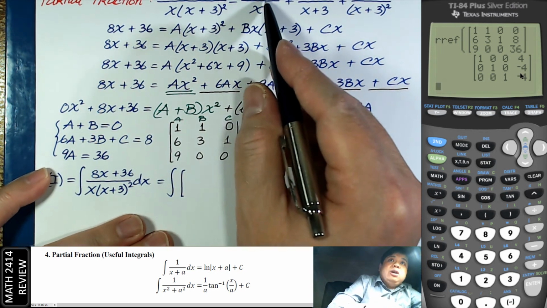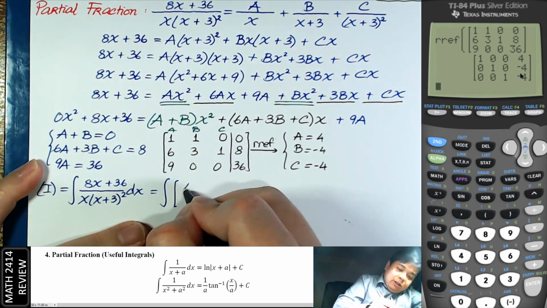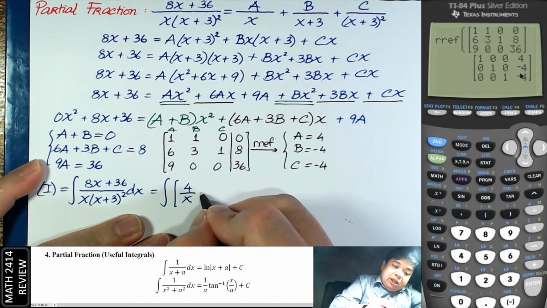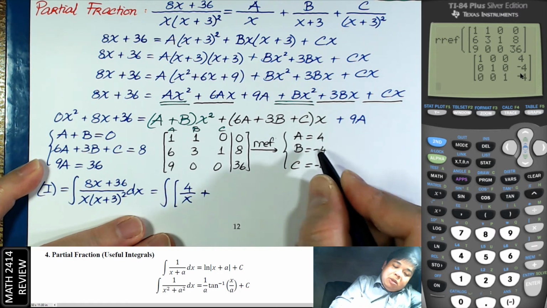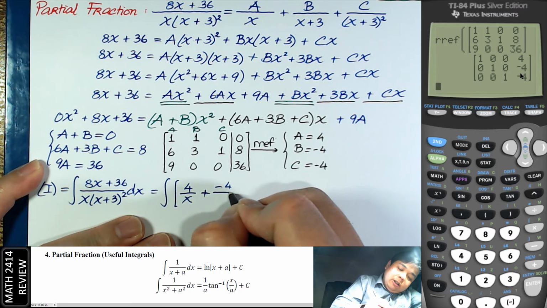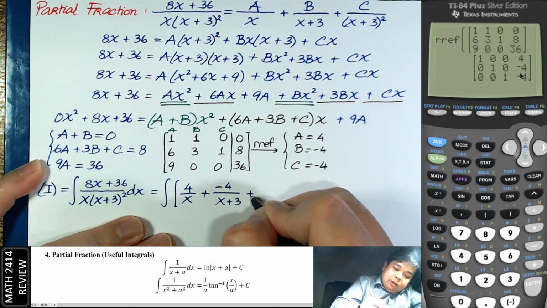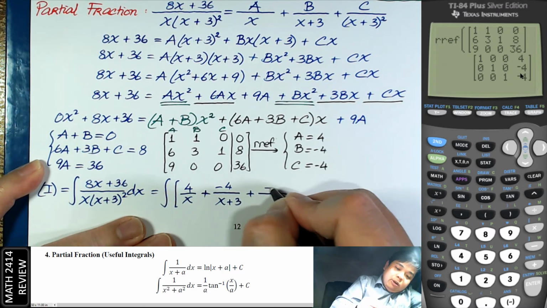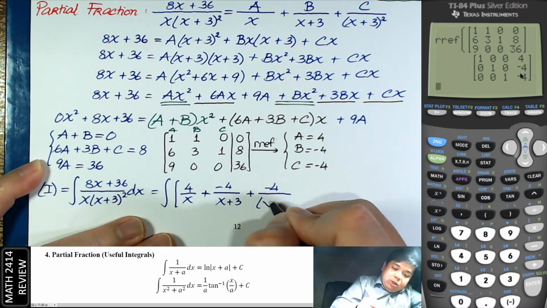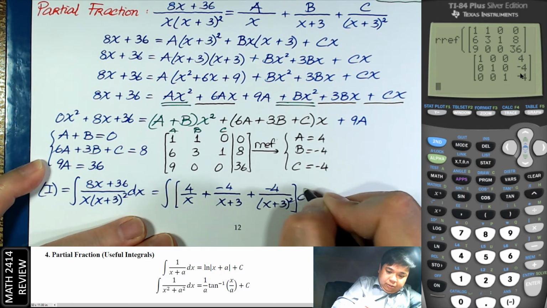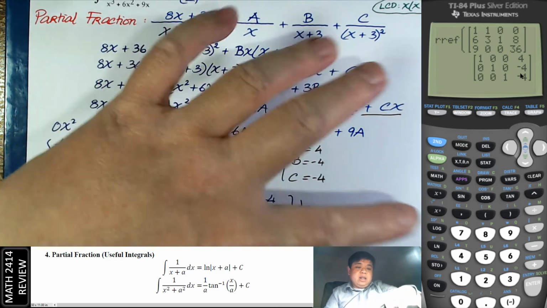A, which is 4 over X, so that's ln easily, and then plus B is -4 over X plus 3, that's another ln, and then -4 over (X plus 3) squared, so that is a substitution. Right, we split this into 3.